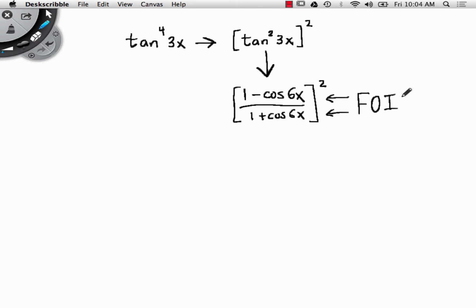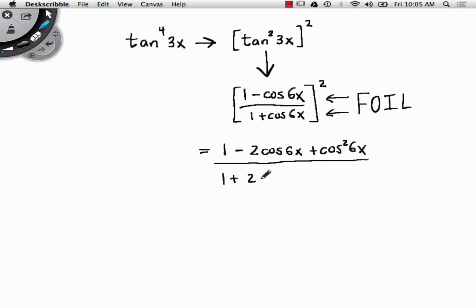So I get 1 minus 2 cosine 6x plus cosine squared 6x in the numerator. Now we've got to power reduce the cosine squared.